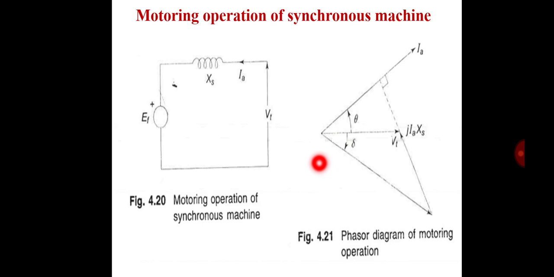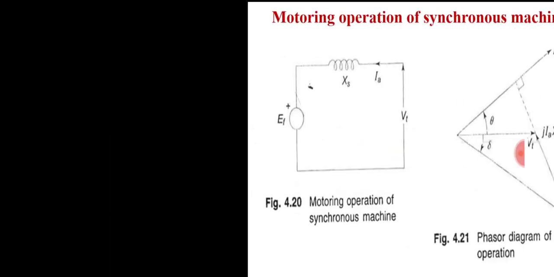In motoring action, the motor takes electricity and gives mechanical power. Vt is the reference, the direction of Ia changes, so Ia leads, and the addition of Vt and j Ia into XS gives EF. This is the motoring operation of a synchronous machine.